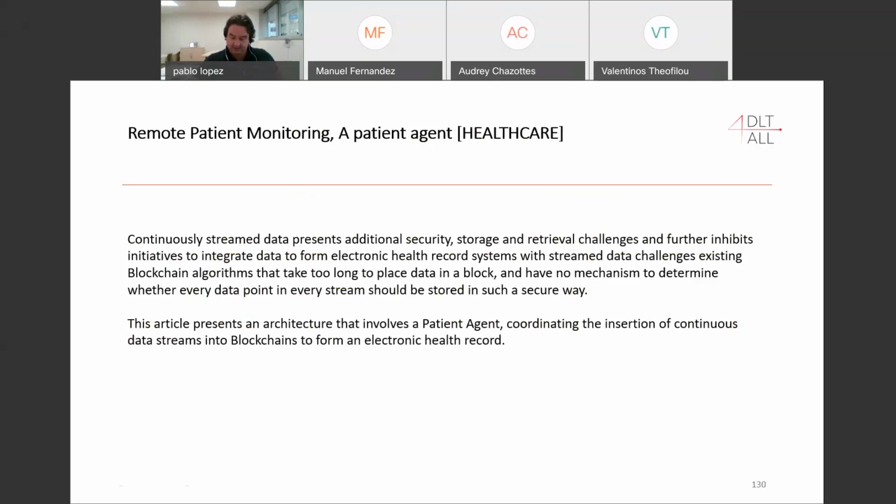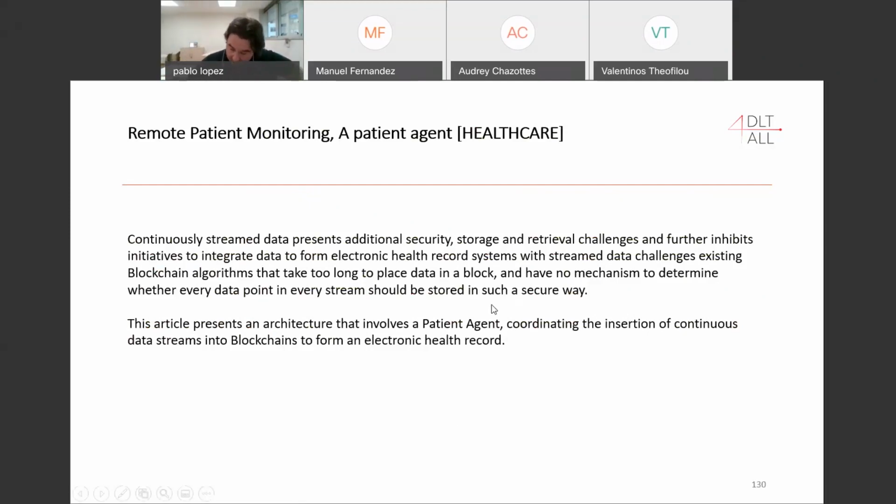Think about these COVID times, even now we don't have a unique and common consensus on how to measure this data. Each one has its own references. So in this article, we present an architecture that involves this patient agent, coordinating the insertion of continuous data into blockchains to form a unique electronic health record.